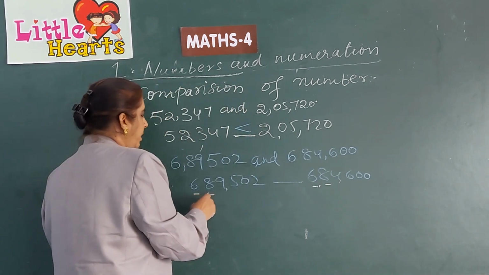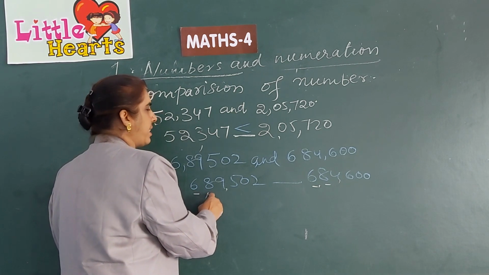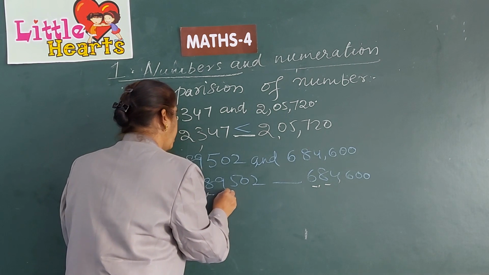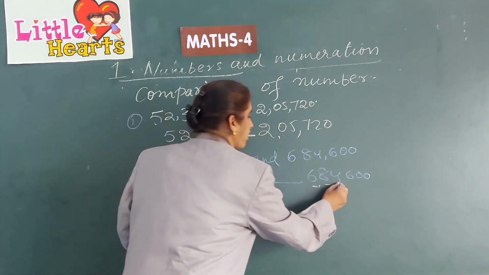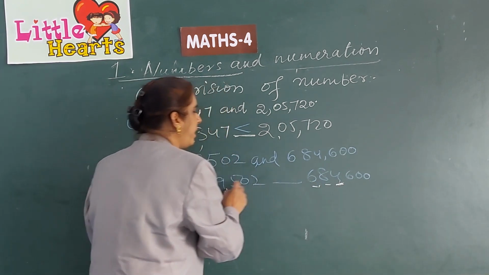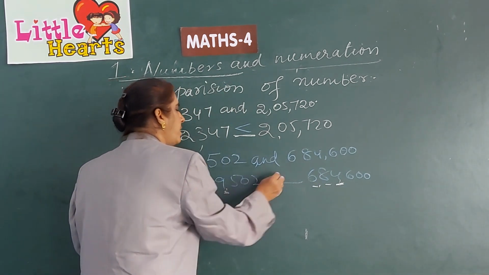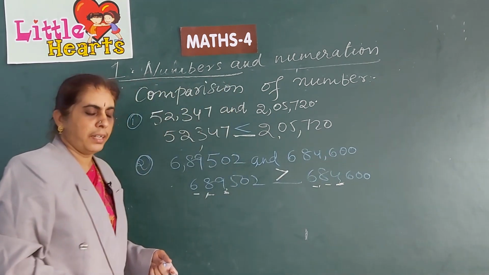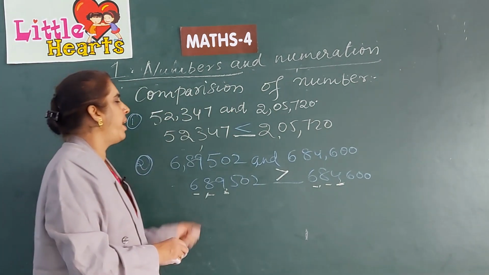So the digits in the lakhs and 10,000s places are the same. And coming to the thousands place, 9 and 4. 9 is greater than 4. So this number is greater than this number. In this way, you can compare the numbers.